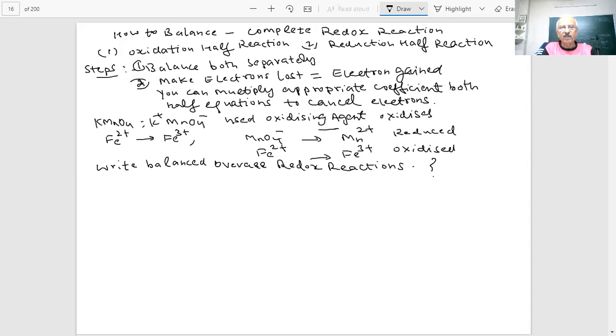Balance the complete overall redox reaction. This is the final step for balancing the reaction. MnO4 minus, Mn2 plus, Fe2 plus, and Fe3 plus.